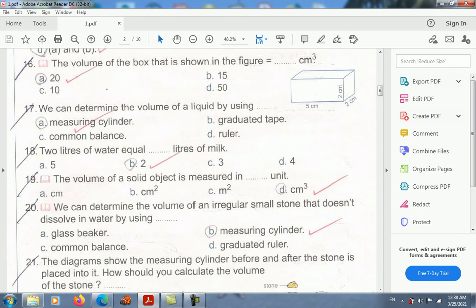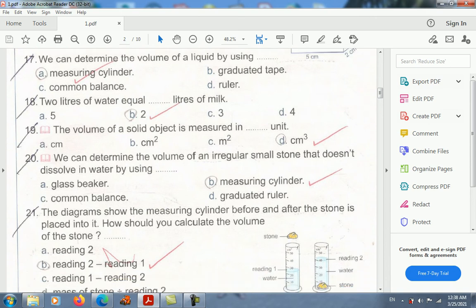16. The volume of the book that is shown in the figure equals length times width times height. So it's basically 5 multiplied by 2 multiplied by 2, which results in 20. So it's 20 centimeter cube. 17.